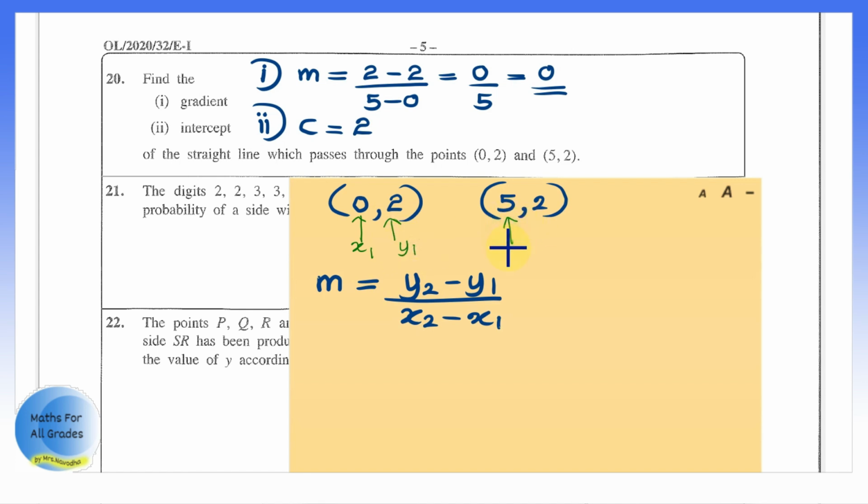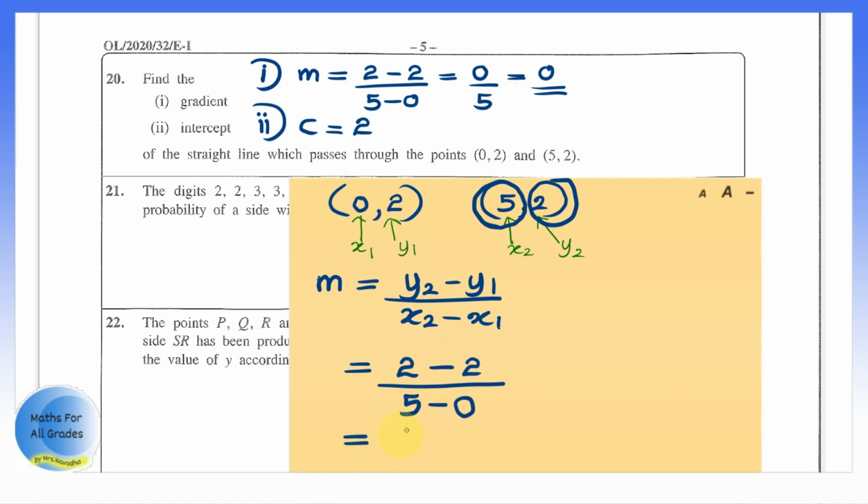I'm going to start with this y coordinate. It's 2. 2 minus, here the y coordinate is also 2, over. Now that you started with this y coordinate, you have to start with this x coordinate. So 5 minus, here the x coordinate is 0. 2 minus 2 equals 0. 0 over 5 equals 0.